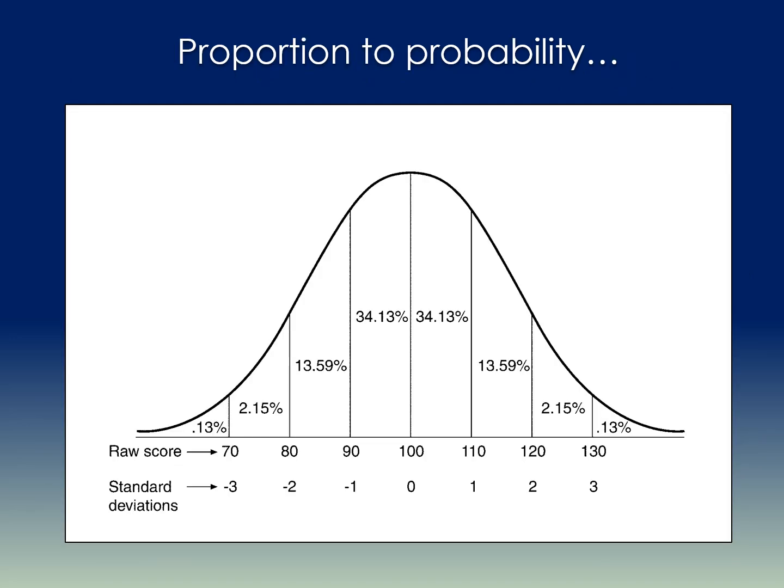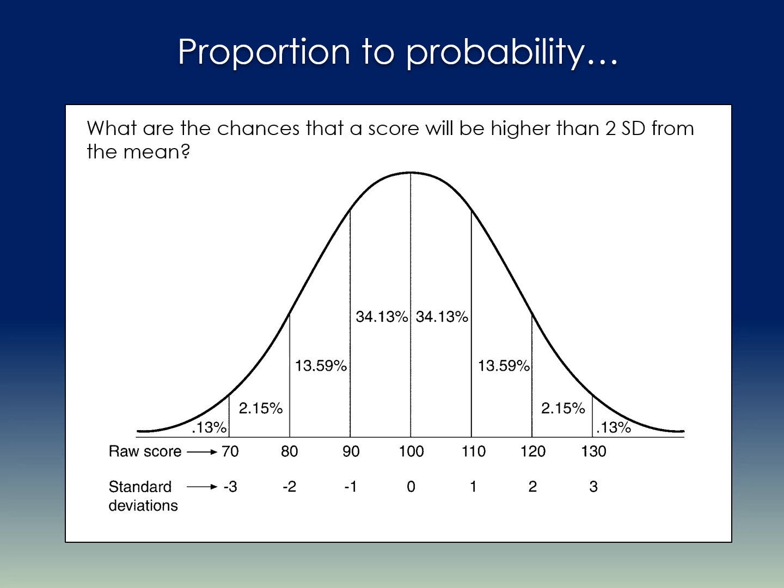So here's a different way of asking the question. What if the question I asked was, what are the chances that a score will fall higher than 2 standard deviations above the mean? Well, again, I draw my red line there, because that's where positive 2 standard deviations is.